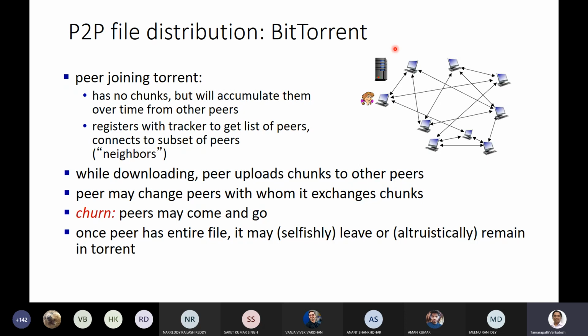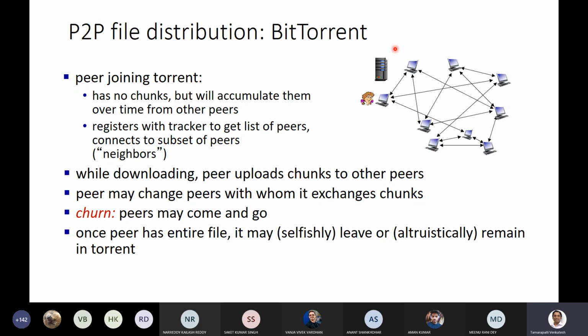So peers join the torrent. Whenever the peers join, initially they do not have any content with them. So they only join as new joinees, and then once they start downloading the chunks, they will also start accumulating these chunks over time from other peers. And whatever is downloaded from the peers, it is also shared with the other interested peers who are looking for the same content.